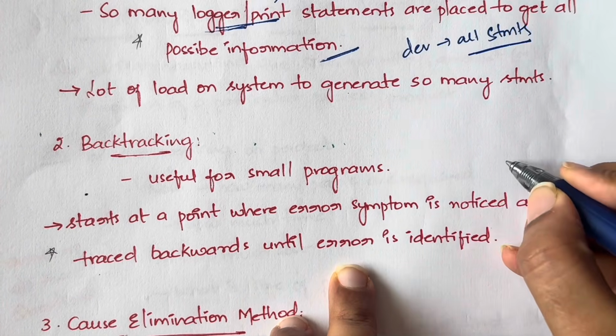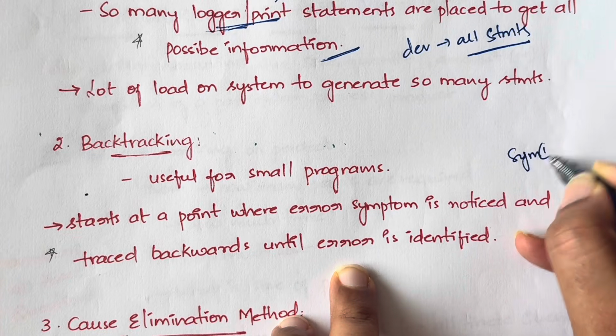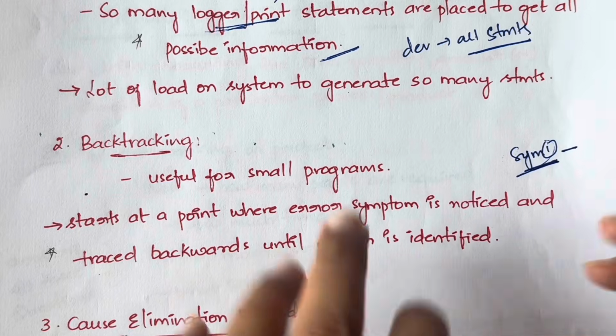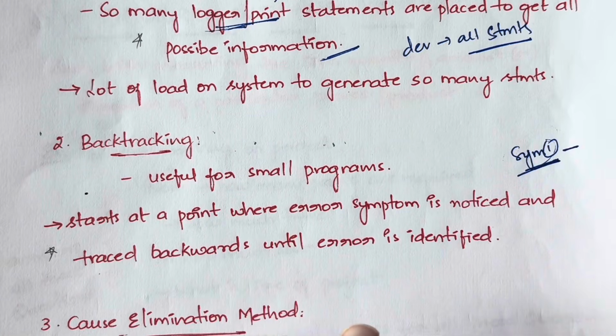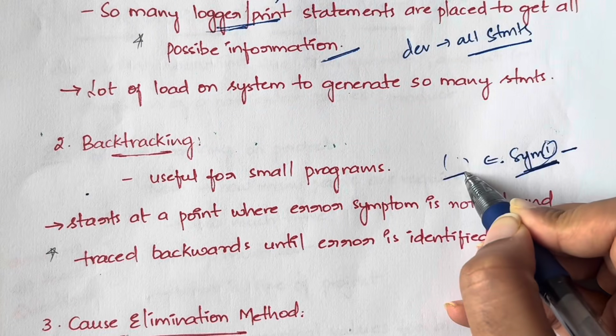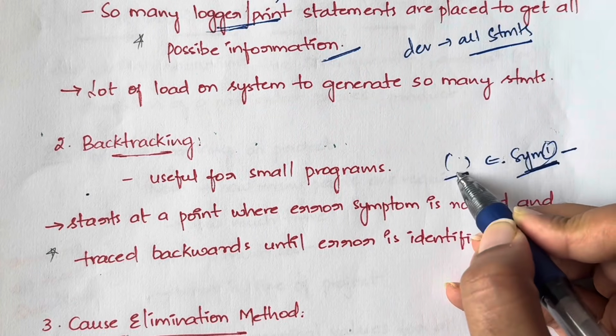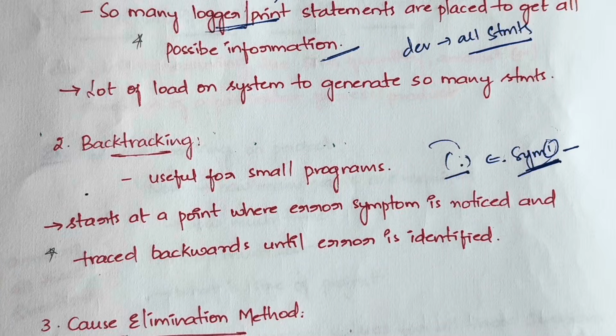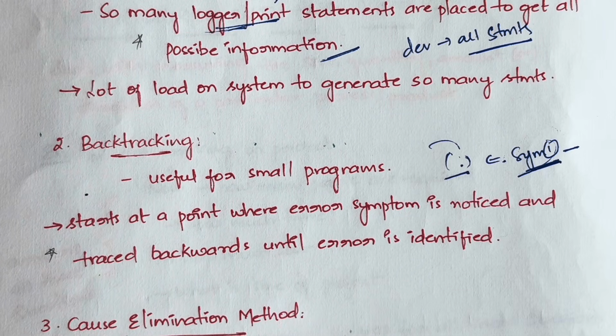So let's say this is the symptom you identified. From here you will see what other lines of code or what other methods depend on this. Then you'll go back again, you might find some method here. So what all other methods are depending on this. Like that you'll go back, and at one point you will end up near your error, and then you'll sit and solve the error. Okay, this is about backtracking.